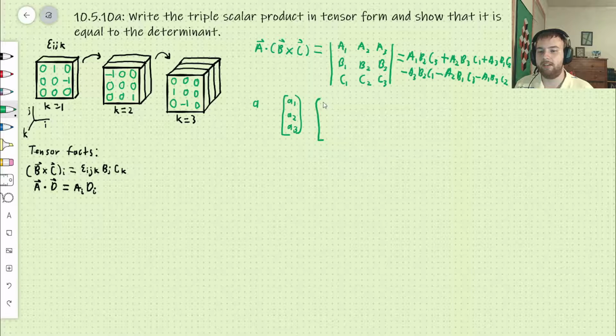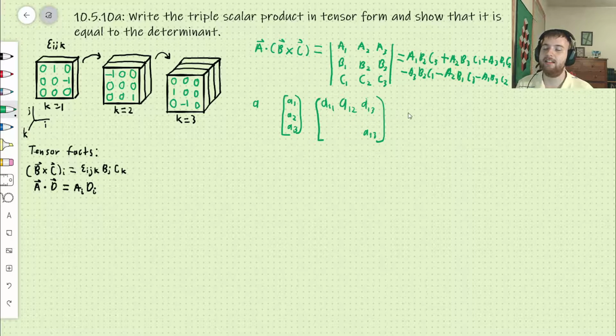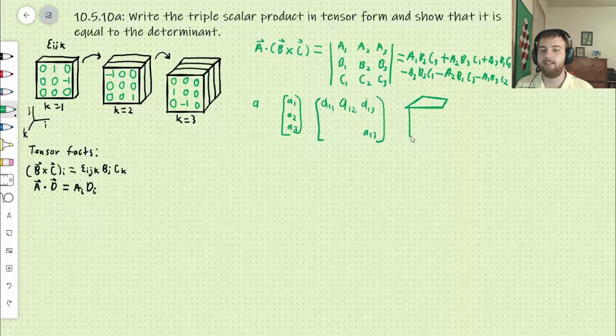A second order tensor would be A1,1, A1,2, etc., etc., there's 9 of them, all the way up to A3,3. And then once we go from a point to a line to a plane, technically, the next step is actually to have a cube of numbers.